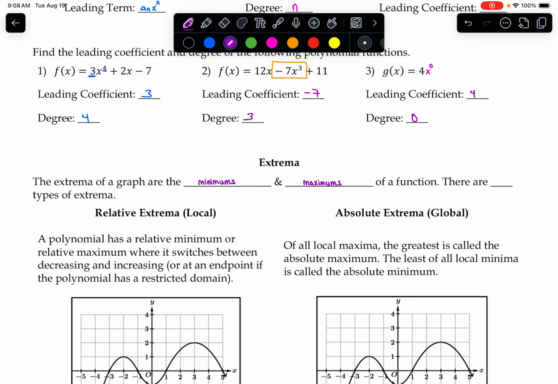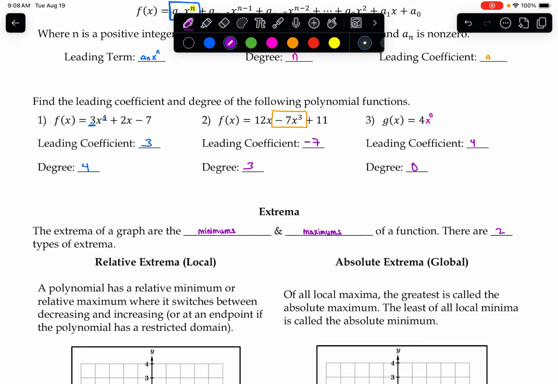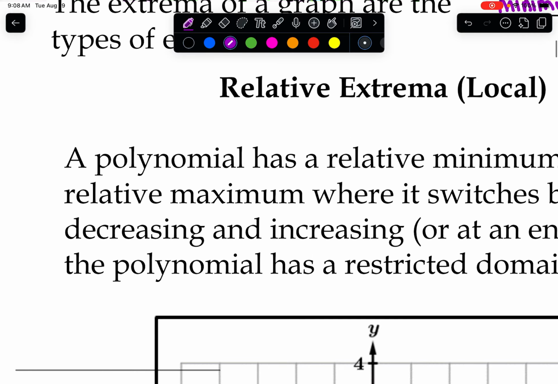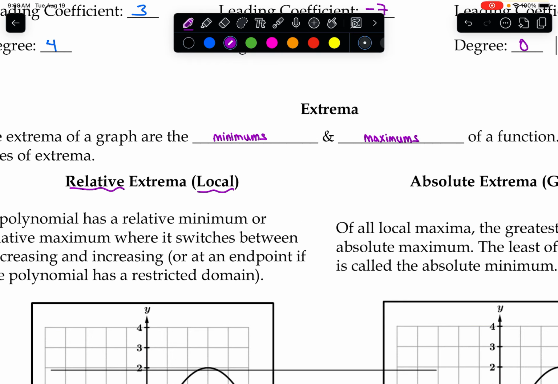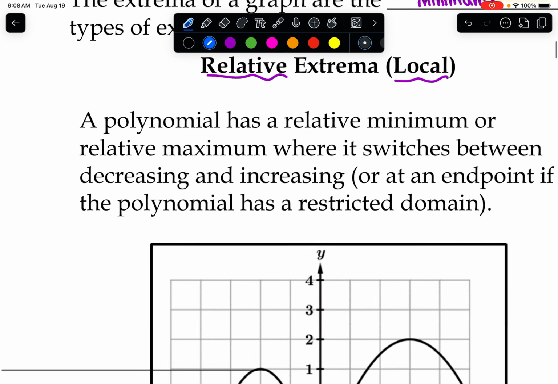You may only have a minimum, or you may only have a maximum if it's quadratic in nature. But in terms of extrema, there are just two different types. Now, with the minimums and maximums, we can get even more specific. We can refer to our extrema as relative, or another way of saying it is local. Another way that we're going to refer to these is absolute or even global. We're going to start with relative.